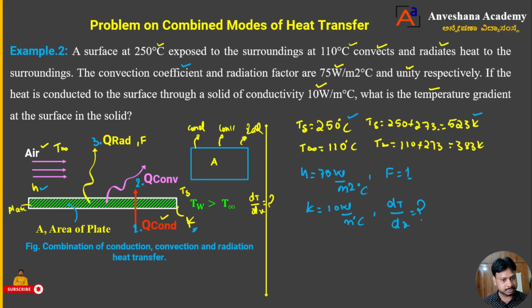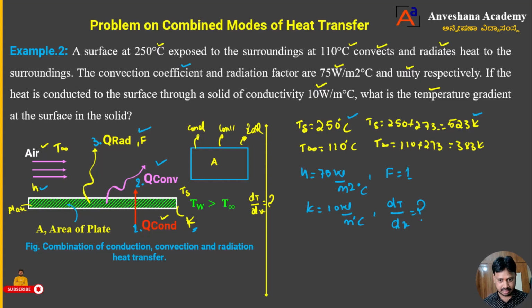Thereafter the plate is going to get heated. Once the plate is heated, then what happens? The heat from that plate is going to transfer to the surrounding through convection and radiation. So the amount of heat transferred in the plate by conduction is equal to the heat transfer through convection plus the heat transfer through radiation.